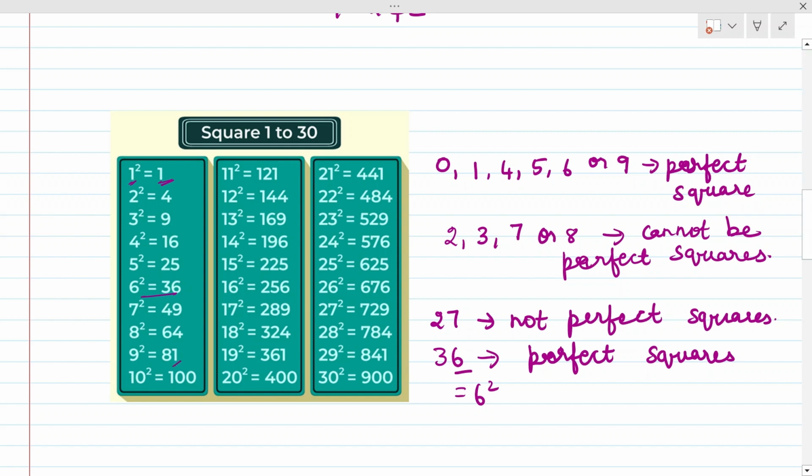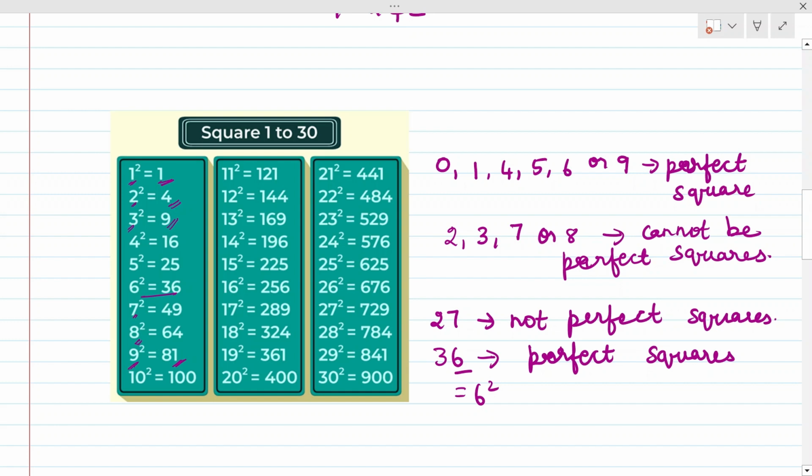See, if the perfect square number is ending with 1, then the natural number for that will end with 1 or 9. Same way, if it is ending with 4, then the natural number for that will end in 2 or 8. And if the square number is ending with 9, then the natural number for that will end with 3 or 7, like that.